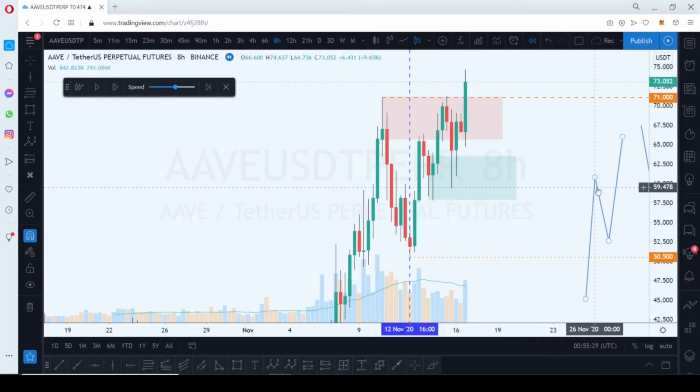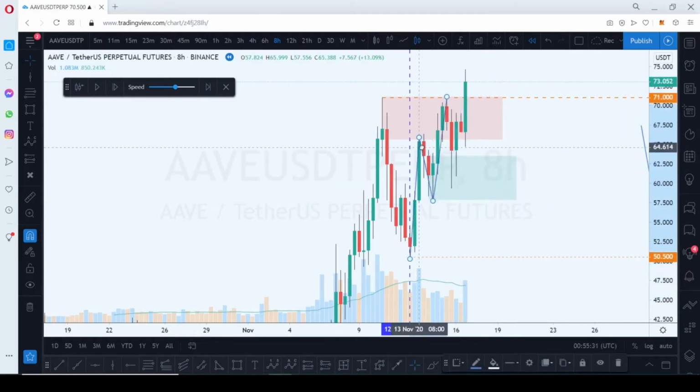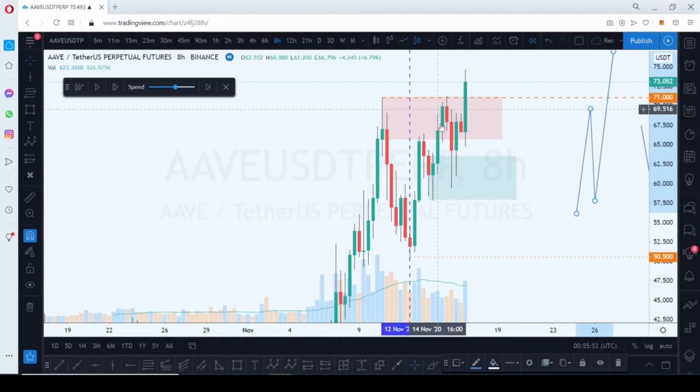So this structure keeps coming back: low to an high, higher low, higher high. Then here again, low to an high, higher low. Now we have the higher highs. So I want to see, okay, we've checked the Fibonacci of this range, we've checked the Fibonacci of this range as well.